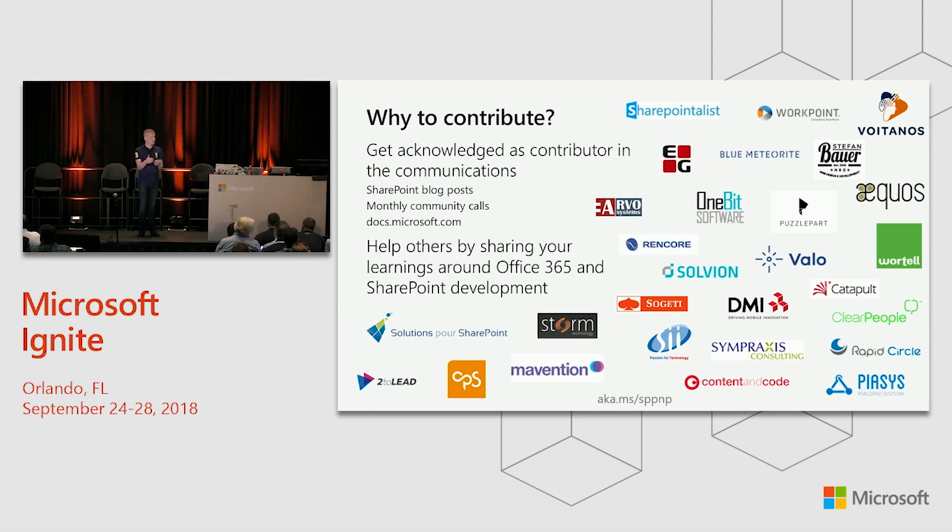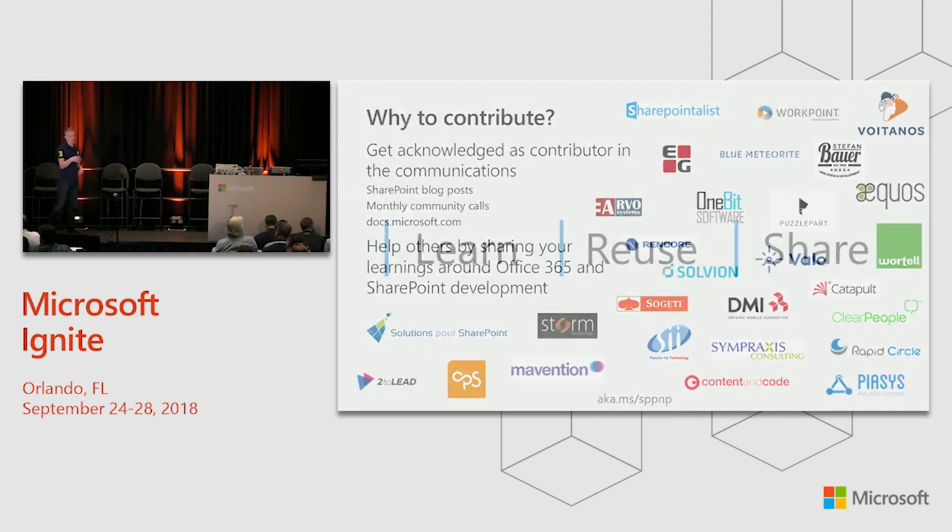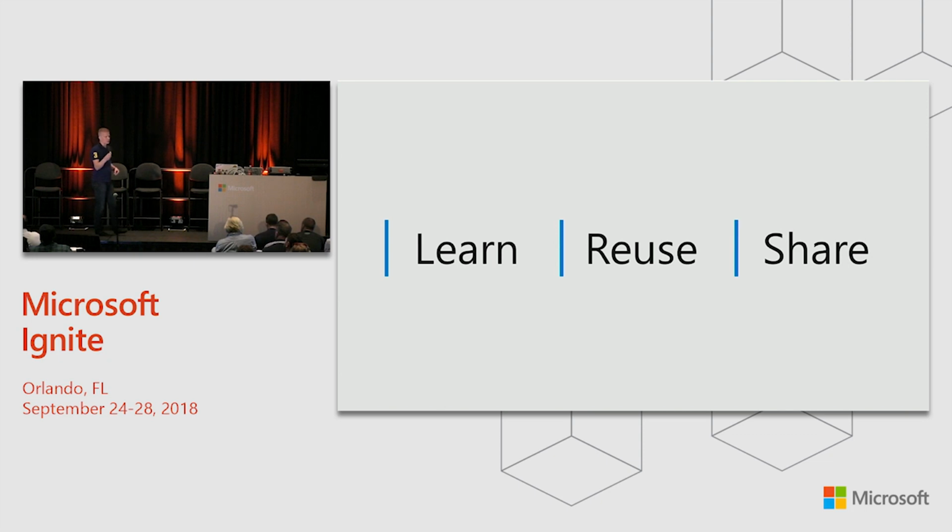So it is a competitive edge for the companies to allow their employees to really contribute back to the community. Now, a lot of information, a lot of links and all of that. The easiest thing to remember is just the 3 pillars around learn, reuse, and share, aka MS-SPPMP. That's the one URL to remember, as simple as that.